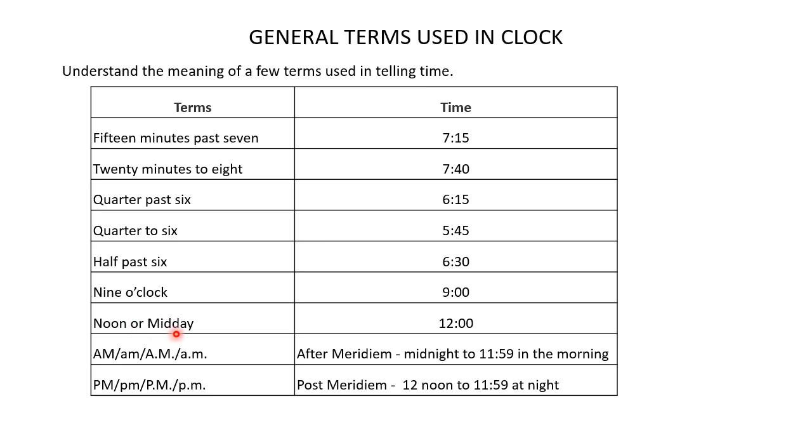Noon or midday is 12 o'clock. Now AM means ante meridian, which is midnight, 12 to 11:59 in the morning. PM means post meridian, which means 12 noon to 11:59 at night.